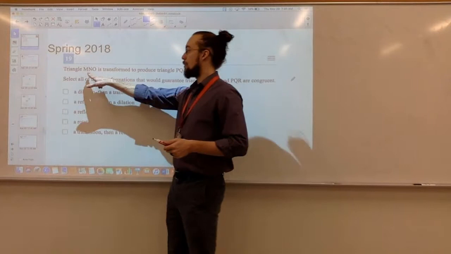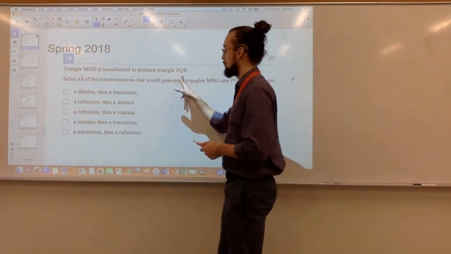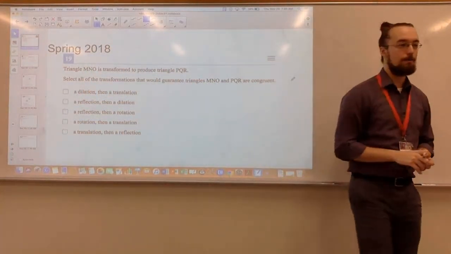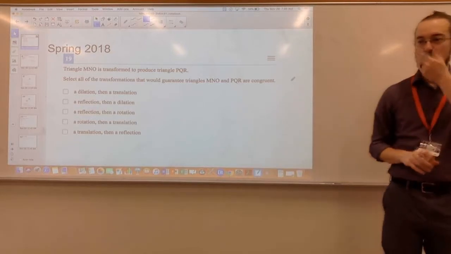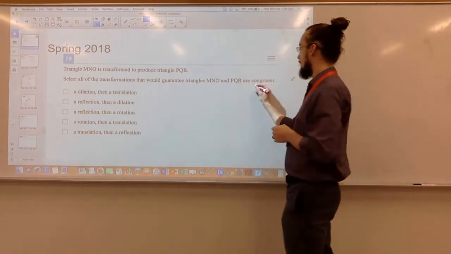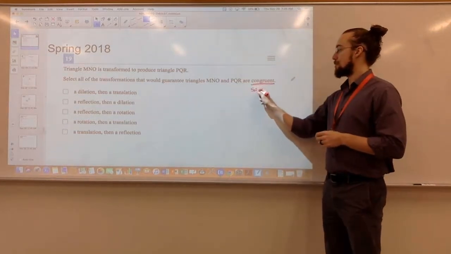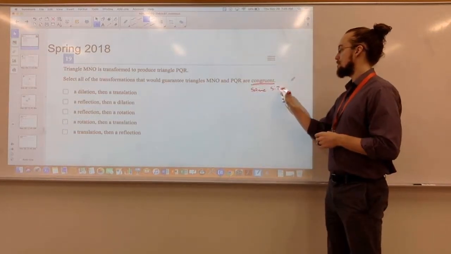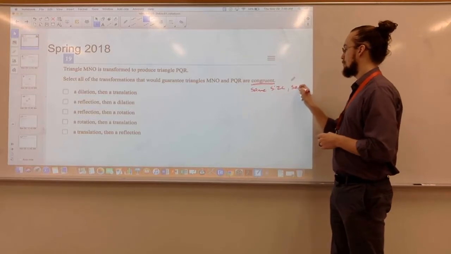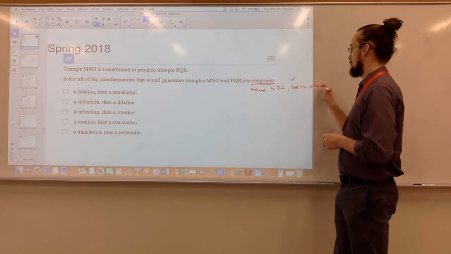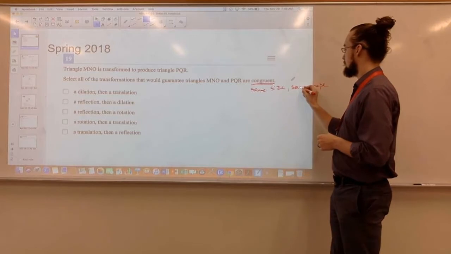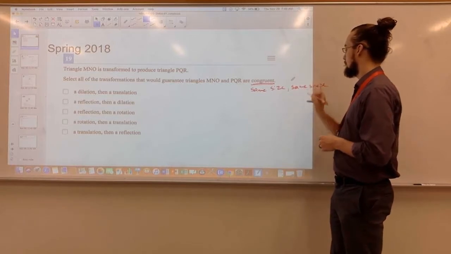If we're taking triangle MNO and transforming it to produce PQR. Congruent means exactly the same. That's a key. Congruent is same size, same shape. Then really, any of these would keep it that way because it's not going to disfigure it.